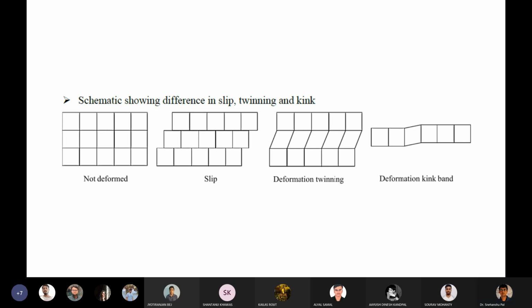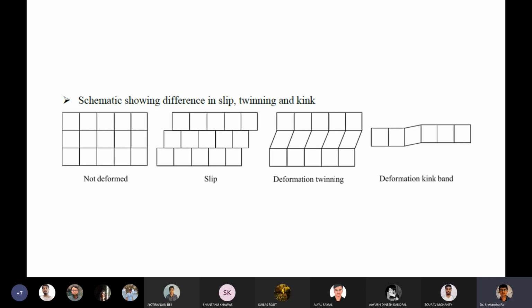Okay. But interestingly, if you look at the picture, twinning may look similar to kinking. However, there exists a unique relationship between the old and new, or twinned, crystallographic plane.